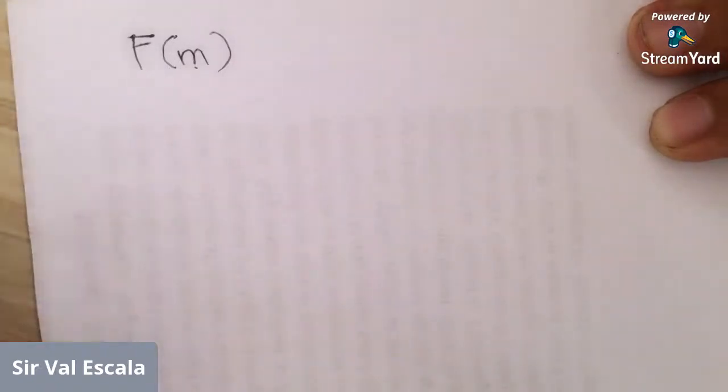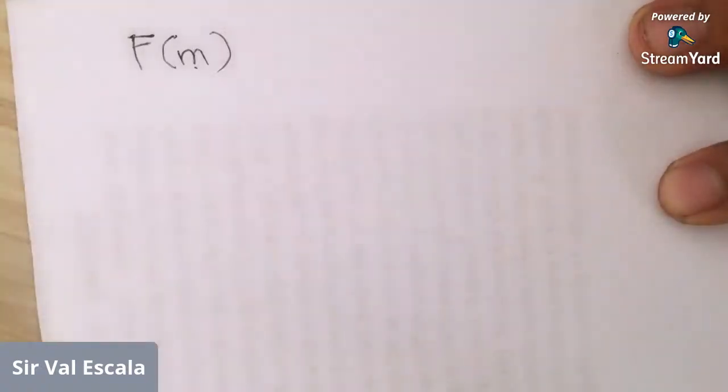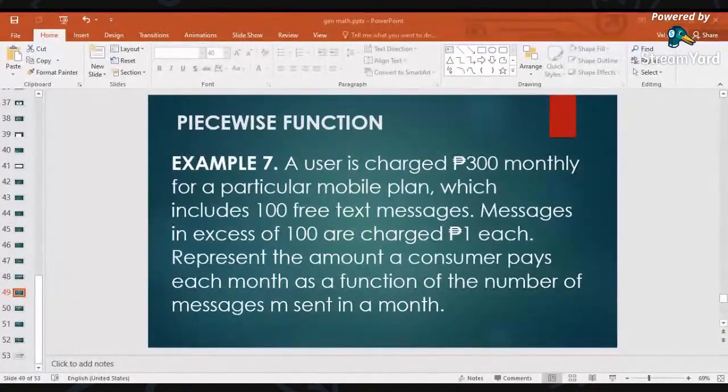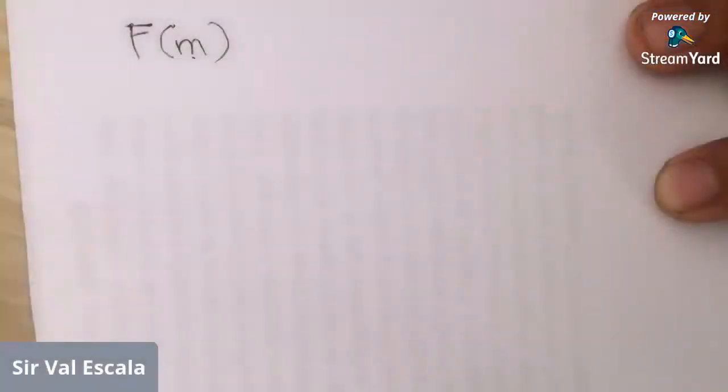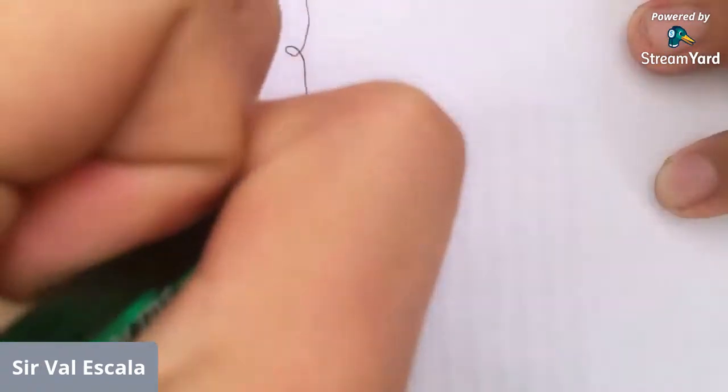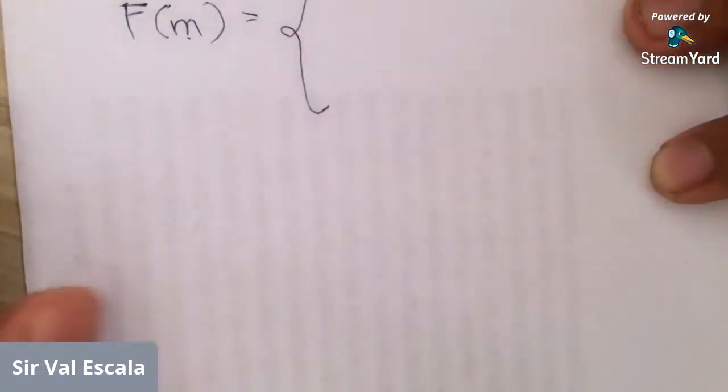Okay? Next, dun sa first sentence, makikita natin a user is charged 300 peso for a mobile plan which includes 100 pre-text messages. So dito pa lang malalaman natin na lagyan natin equals, lagyan natin ng curly braces.